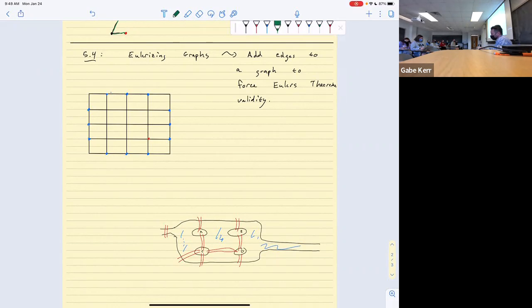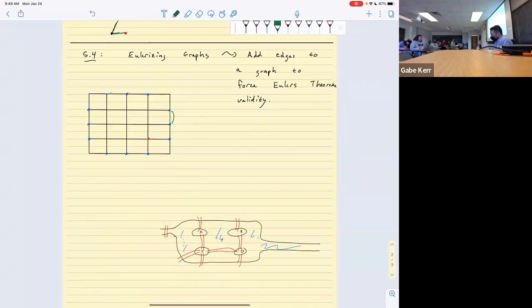I'll put things in green that I'm going to add. I'm going to add an edge here, and an edge here. Now if I look at these two vertices that I added the edge to, they were degree 3, now they're degree 4.